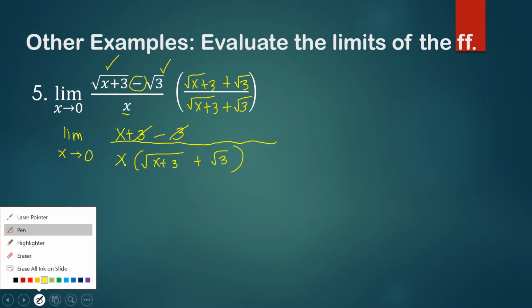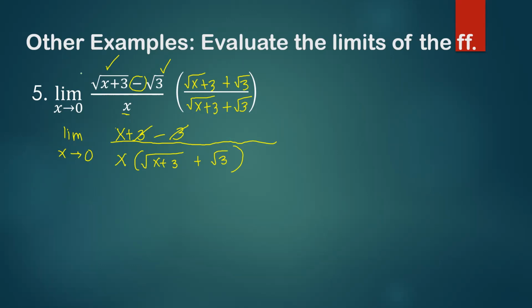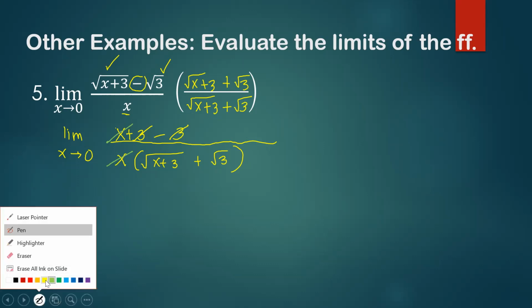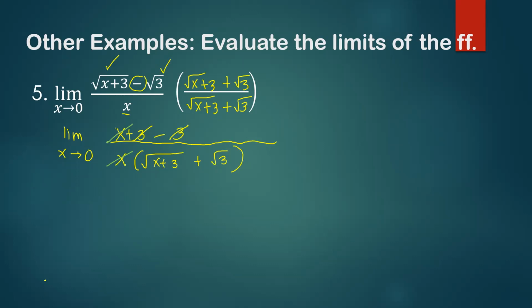Let's use a different color for that. Yan. So, ang mangyayari, pwede na nating i-simplify. Diba? Magiging 1 na lang yung nasa taas. So, we have limit of 1 over square root of x plus 3 plus square root of 3 as x approaches 0.